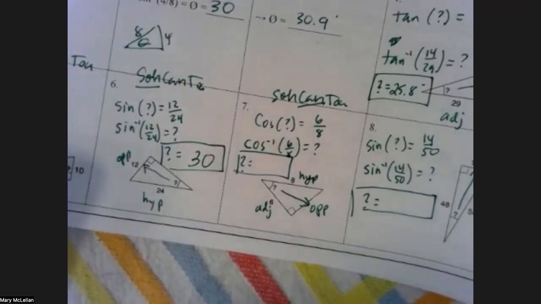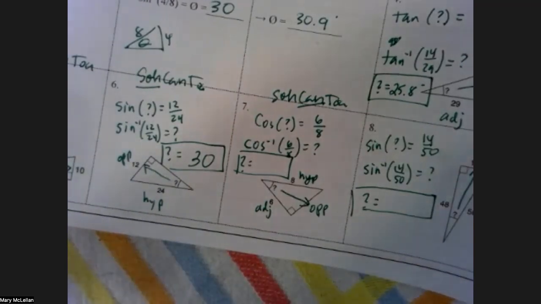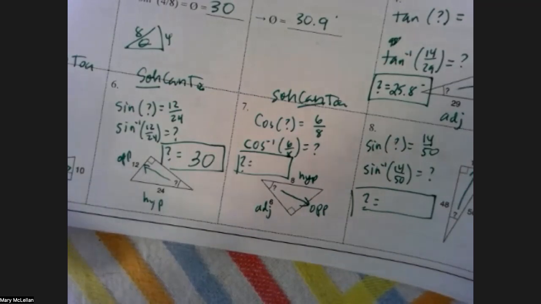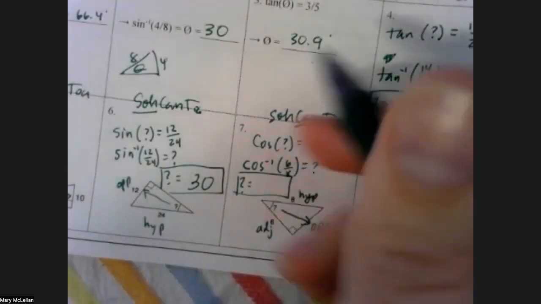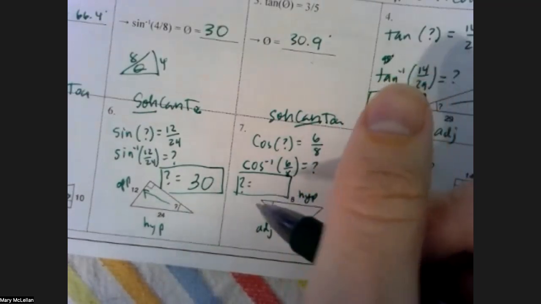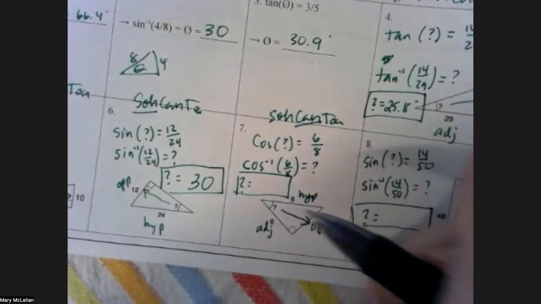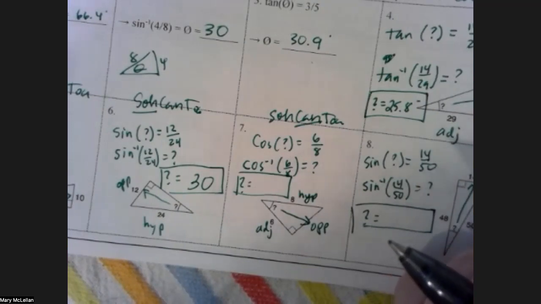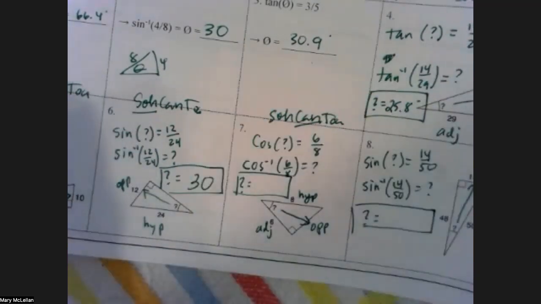Okay, next, cosine of 6 over 8. I'll be using inverse cosine of 6 over 8. It's telling me that it's 1 because I'm not pressing inverse cosine.